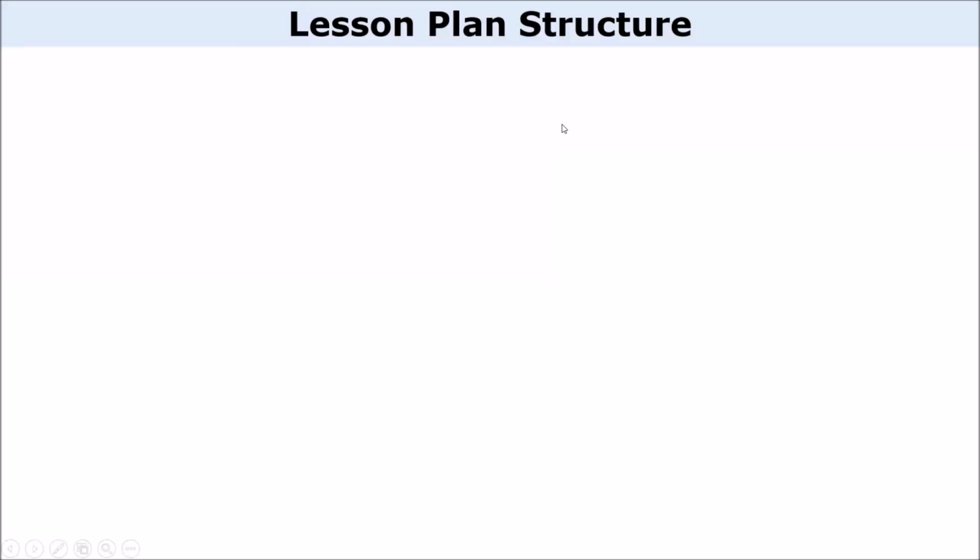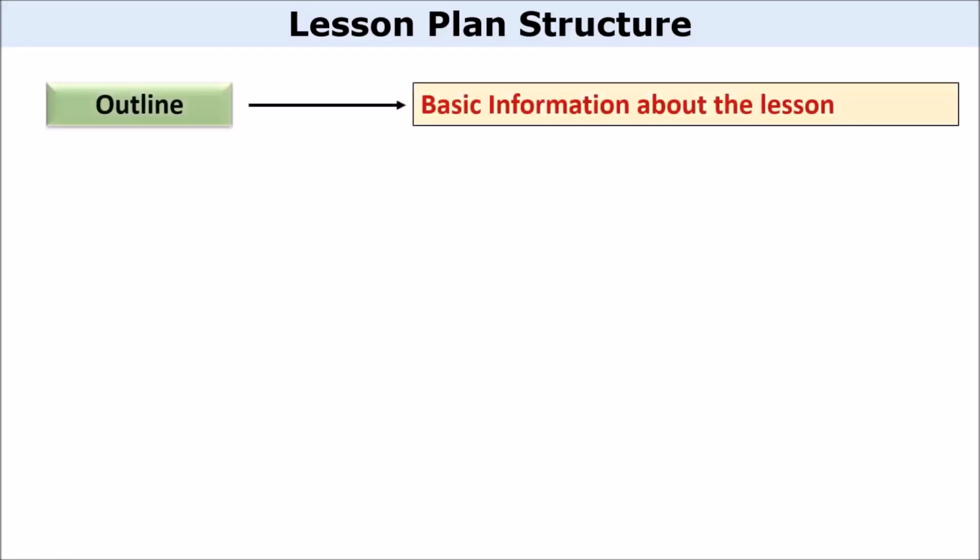Then look at the lesson plan structure. The first category is outline. When you are planning the lesson, you want to give the details of the outline. In the outline section, mainly we are giving basic information about the lesson: the lesson topic, the duration, then competencies level.